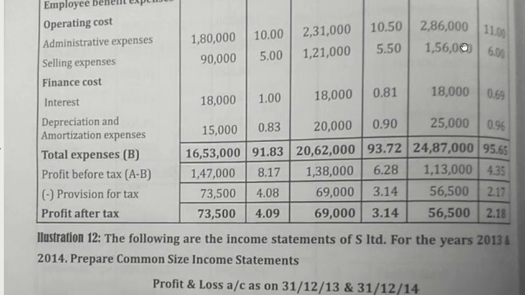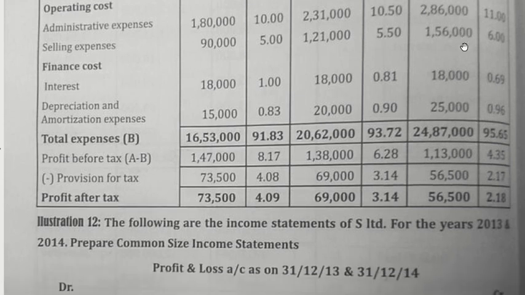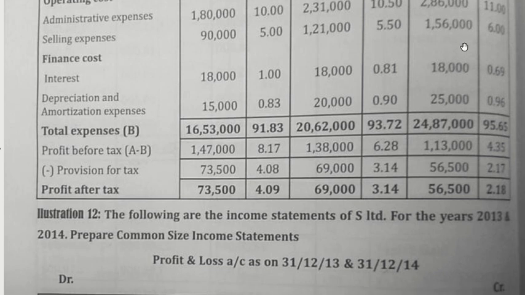Selling expenses 90,000 divided by 18 lakhs into 100, which you get 5%. 1,21,000 divided by 22 lakhs into 100, you get 5.50%. 1,56,000 divided by 26 lakhs, you get 6%. Then you have your debenture interest, you get 1%, 0.81% and 0.69%. Then you have your depreciation and amortization expenses, you get 0.83, 0.90 and 0.96.